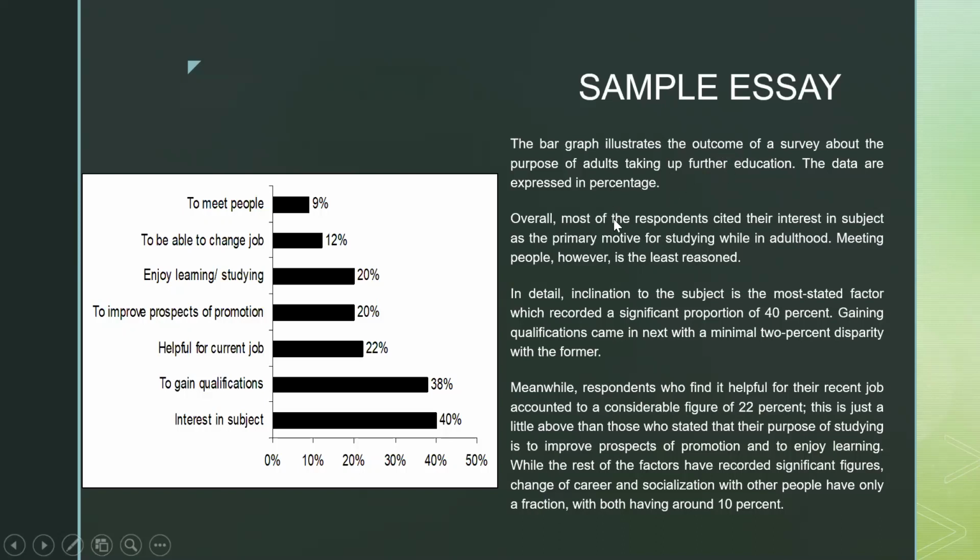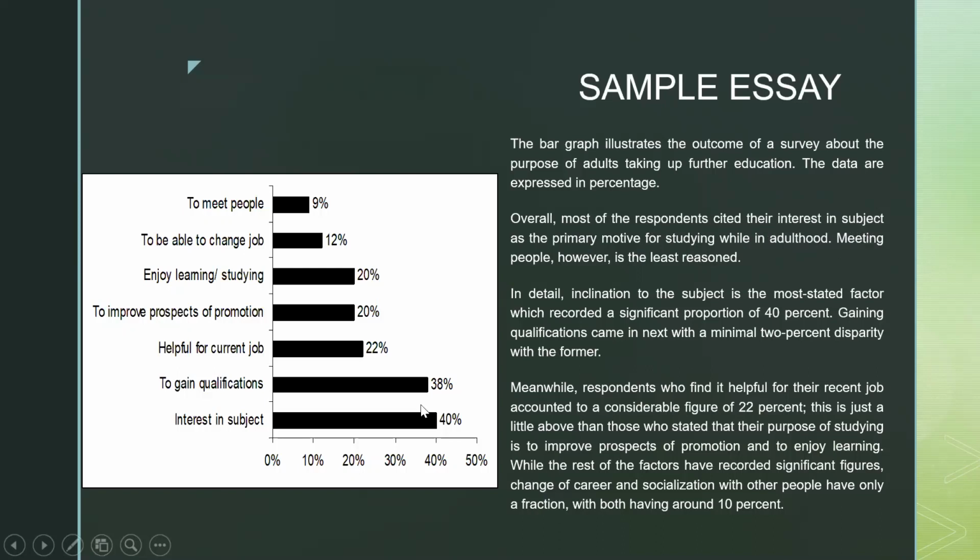Again, let's proceed to the overview. Very important. Don't forget to write that. If you fail to write an overview, automatic 4.0 in your task achievement. Overall, most of the respondents cited their interest in the subject as the primary motive for studying. So remember, you just have to write the highest and the lowest. The highest here, the primary motive for studying, is interest in the subject.